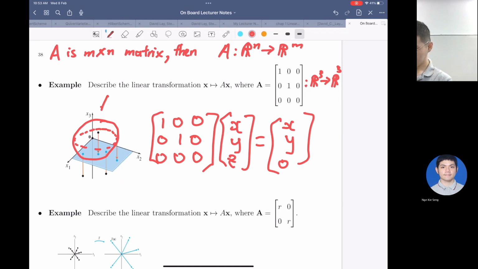If there's a sphere centered at the origin, what happened under this transformation? You send all the points down to the xy plane, or up. So what do you get? Can you imagine what you get?